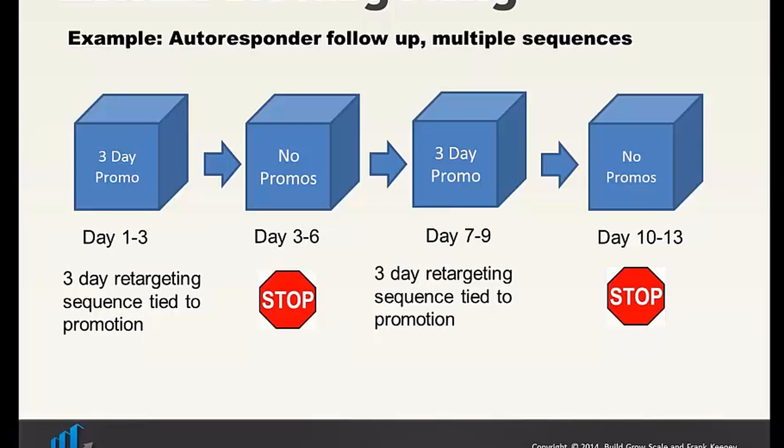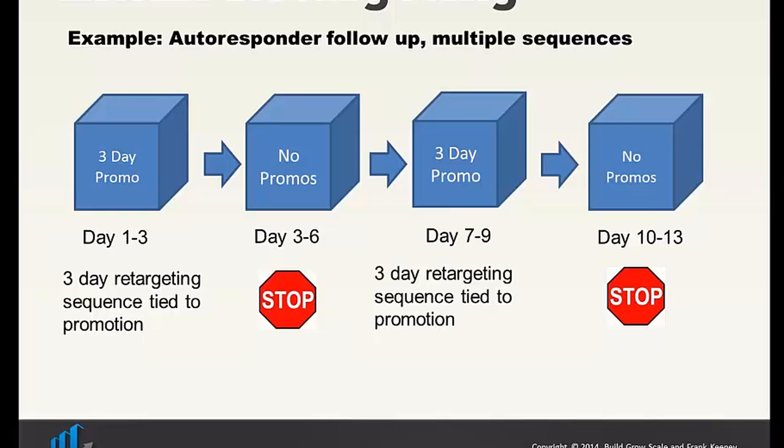So this first thing right here, day 1 to 3, is a 3-day promo promoting the same product for 3 days, 3 emails. Email on day 1, email on day 2, email on day 3. At the same time that this email sequence is going out, you set up an email retargeting sequence, so when they open the email, it fires that retargeting campaign and starts showing them ads that directly relate to that email sequence.